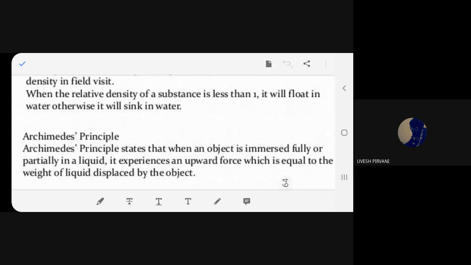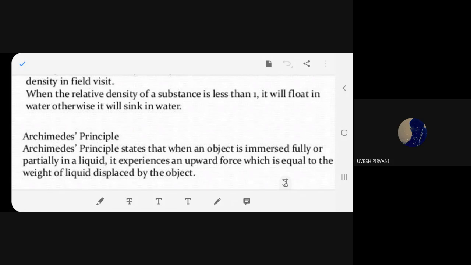Archimedes principle states that when an object is immersed fully or partially in a liquid, it experiences an upward force which is equal to the weight of liquid displaced by the object.